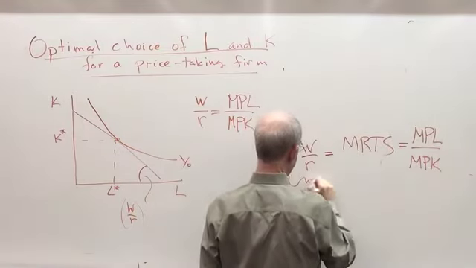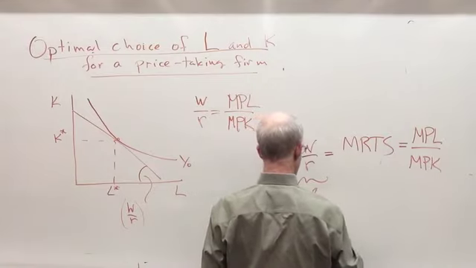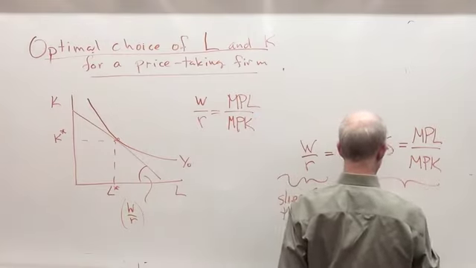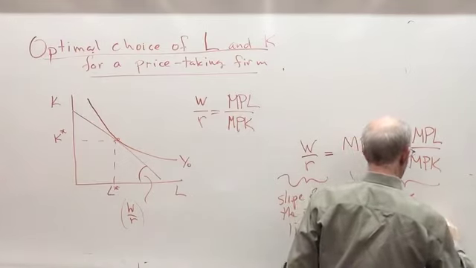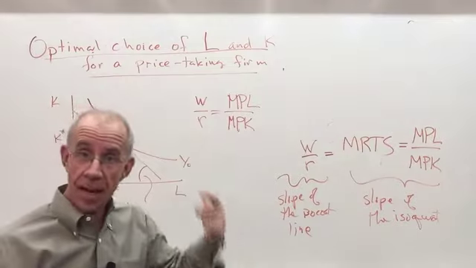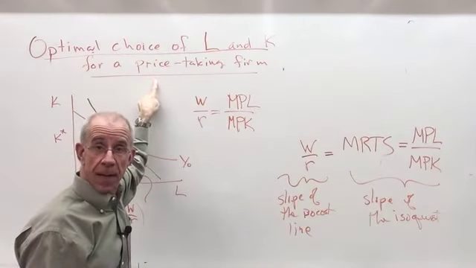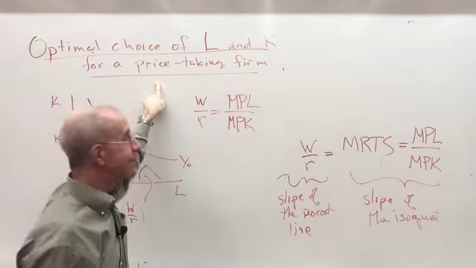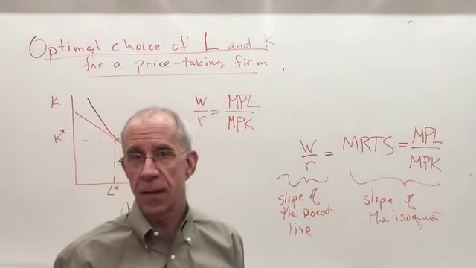This is the slope of the isocost line. This is the slope of the isoquant. In other words, we just did an algebraic version of choosing the optimal amount of labor and capital that a price-taking firm would choose. That's where an isoquant is tangent to the isocost line.